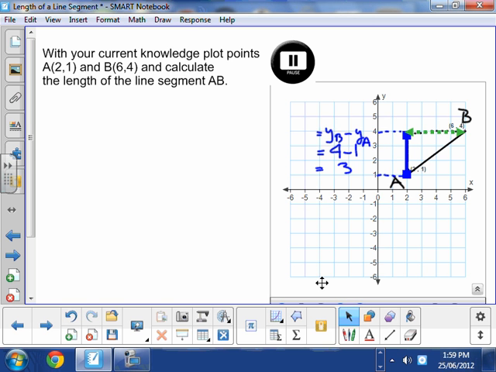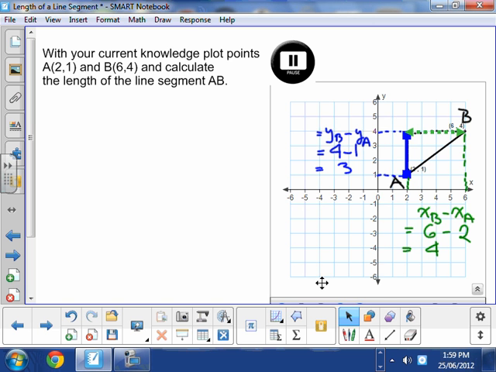Okay. And the same thing you would do for a horizontal distance. Okay, so if I count squares, I know it's 4 squares. And if you subtract your x coordinates, that means 6 minus 2, which is 4.